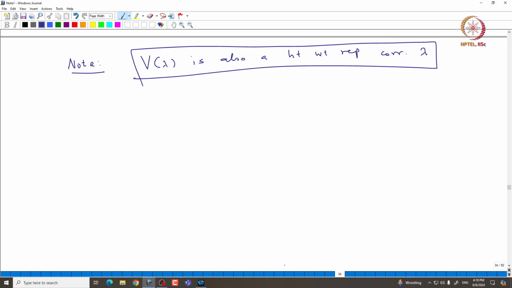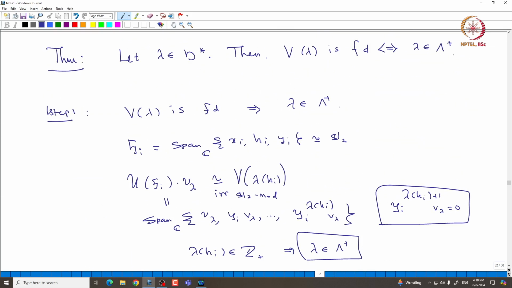This is something immediate, because being a quotient of Z of lambda, if you take v lambda bar to be the image of v lambda inside V of lambda, then h must act as lambda, and all of n plus will kill it, that is obvious. That is why it is a highest weight representation, but it need not be finite dimensional. That is something that we do not know, but if it is finite dimensional, then we know that it is the representation that we constructed earlier.